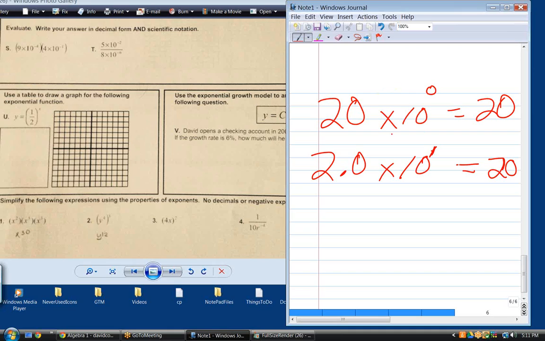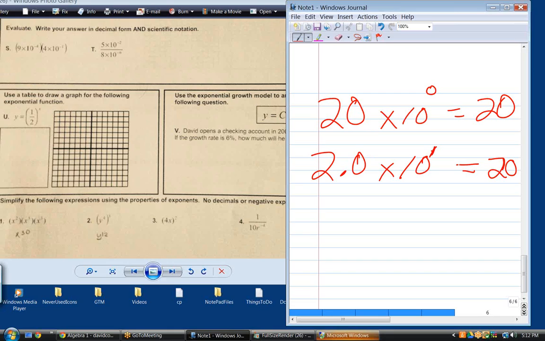The reason I show this is because you can always figure out what to do to the exponent depending on which way you move the decimal point. Which way did I have to move the decimal point in this case? To the left.